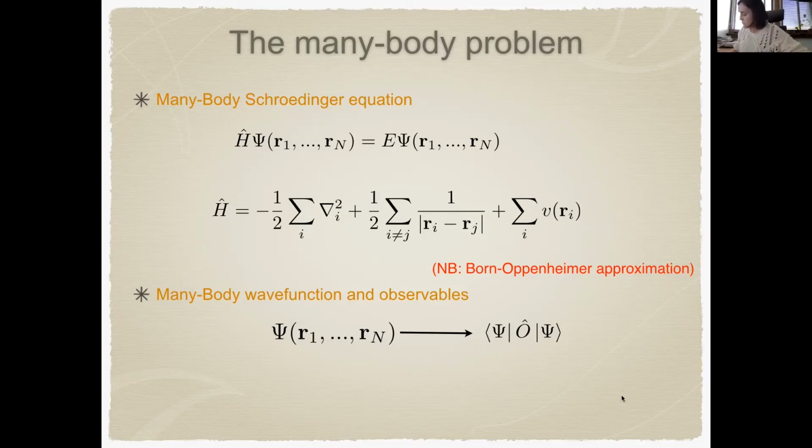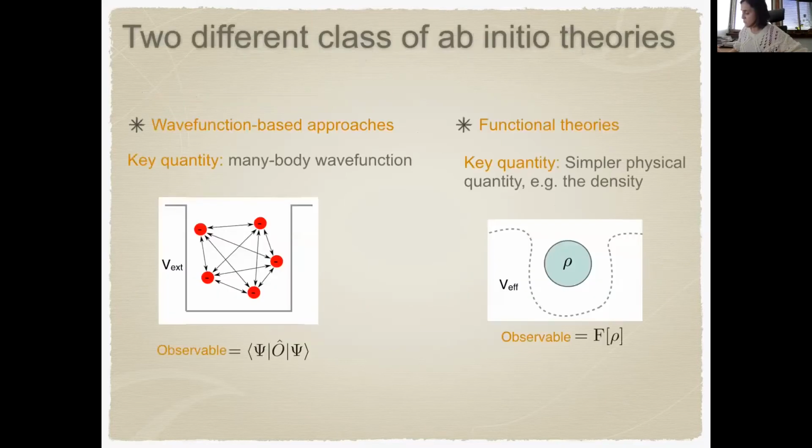So how do we do this? Well, there are several ways to do this, and here I will focus on ab initio theories. There are two classes of these ab initio theories that we have seen in this school. One is based on wave functions, so the key quantity is the many body wave function.